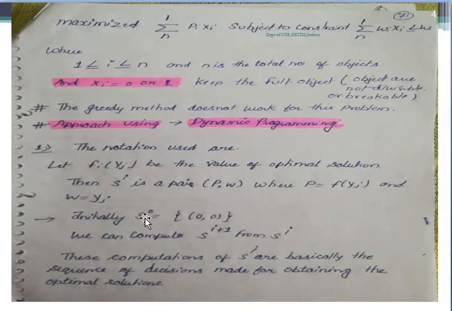From S^0 we compute S^1, S^2, S^3 and so on. The computation of S^i is basically the sequence of decisions made for obtaining the optimal solution.